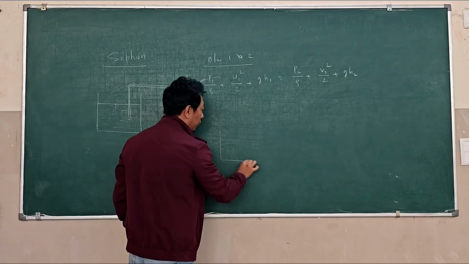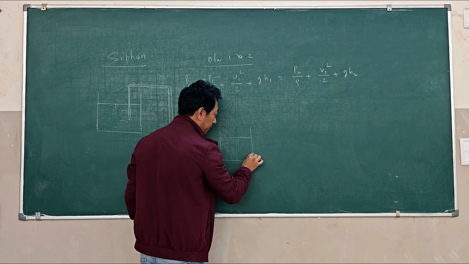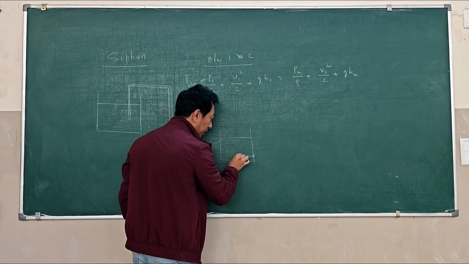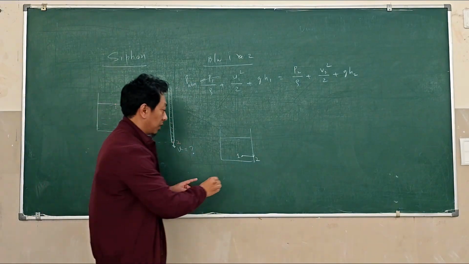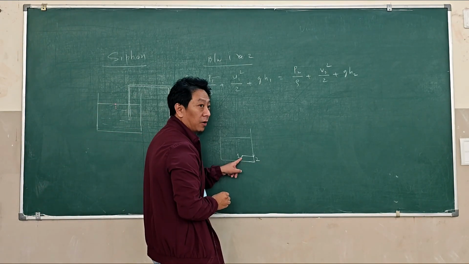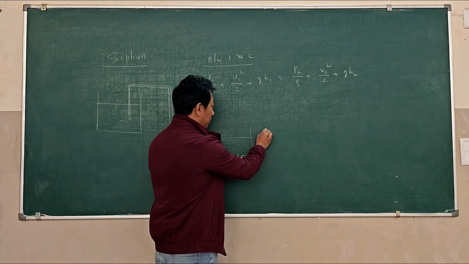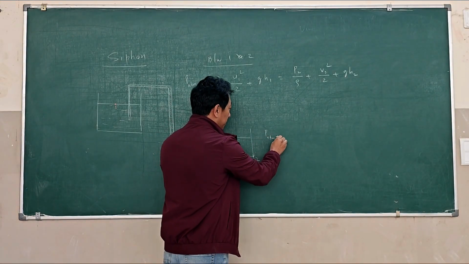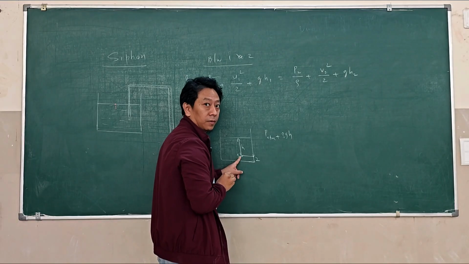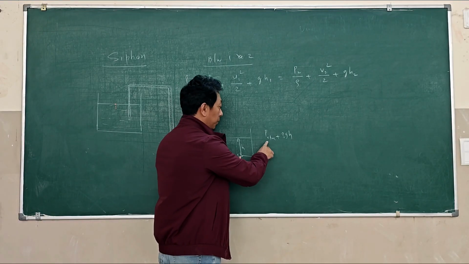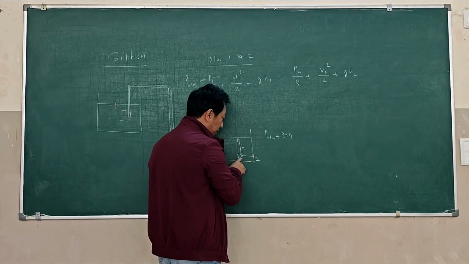Acha, in the previous case I forgot to show you between this point and this point. Shall I show you fast and show you the same answer? The same answer will come here. See, P1 by rho. Here P1 you tell. P atmosphere plus rho GH. This is H, no? So P atmosphere plus rho GH is P1.